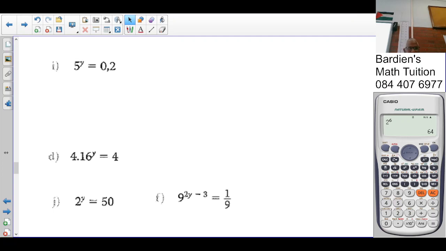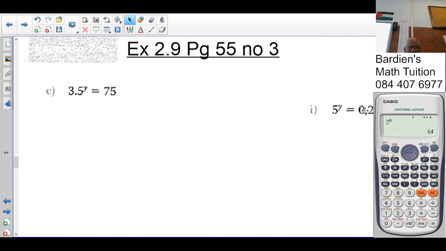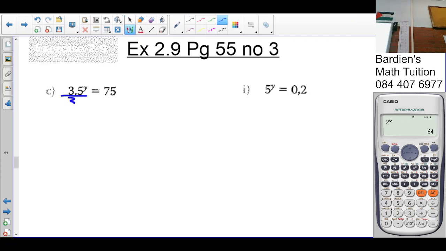So looking at these sums here, let's look at the first one. What we're going to do first, divide by 3. So 5 to the y is equal to 25. But 25 can be written as what? 5 squared. So 5 to the y is equal to 5 squared.